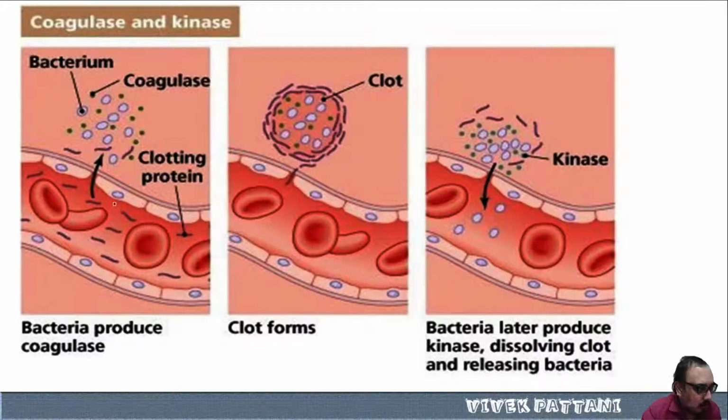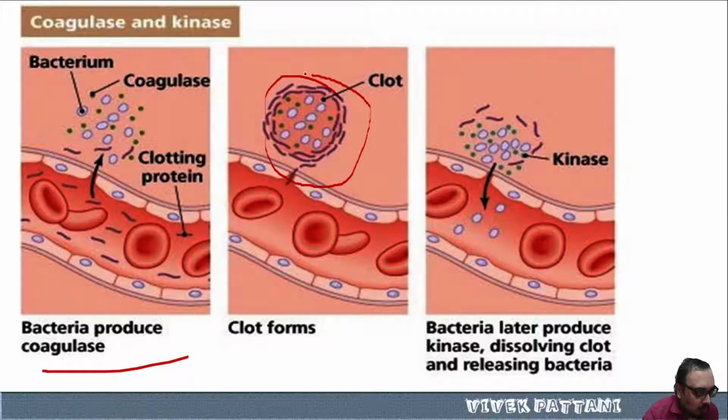Now please check the diagram, where the enzyme coagulase is produced by the bacteria. What will they do? They will form a clot around them.